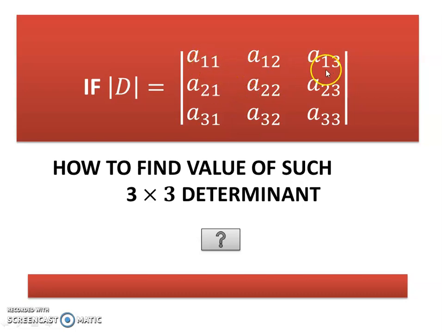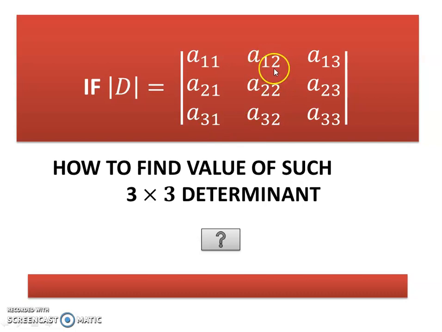A11, A12, A13 are available in the first row. A21, A22, A23 are available in the second row. A31, A32, A33 are available in the third row. Now in the first column, the elements A11, A21, A31 are available.